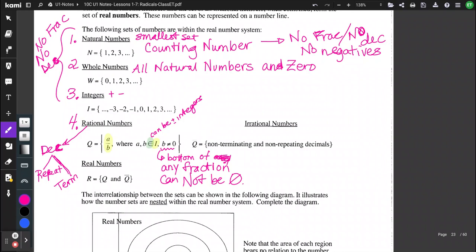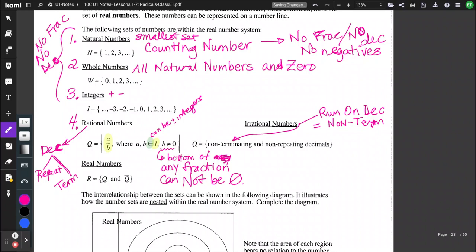If it's irrational numbers, you are going to see decimals that run on, which means they are non-terminating. So that right there, non-terminating, is the run-on decimals.